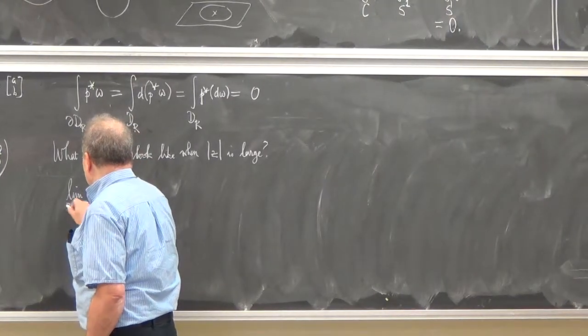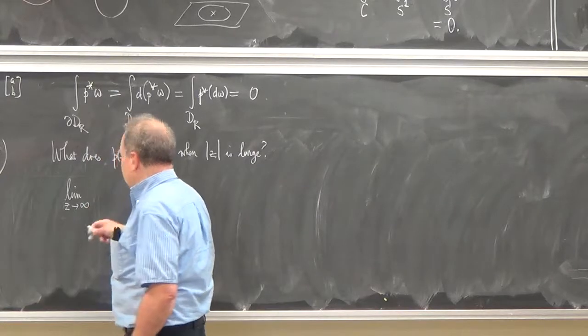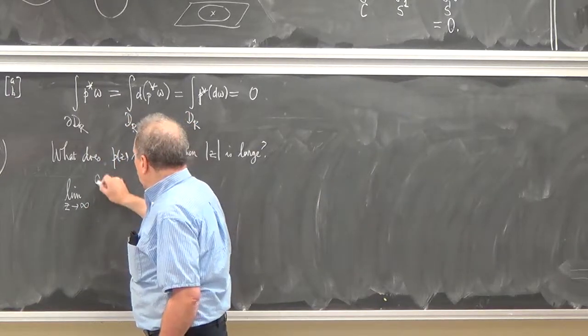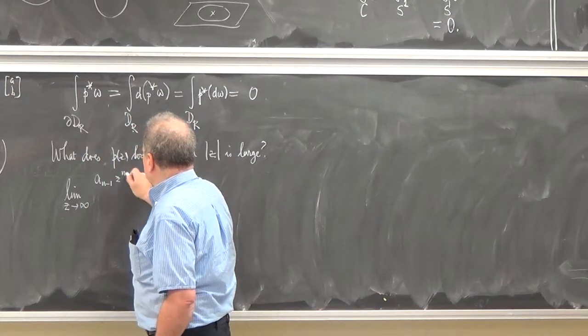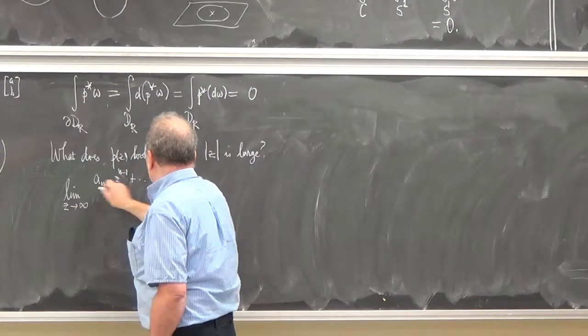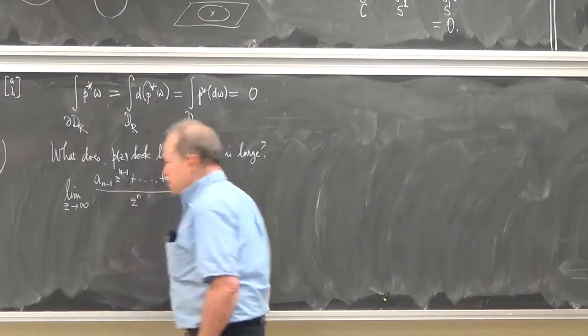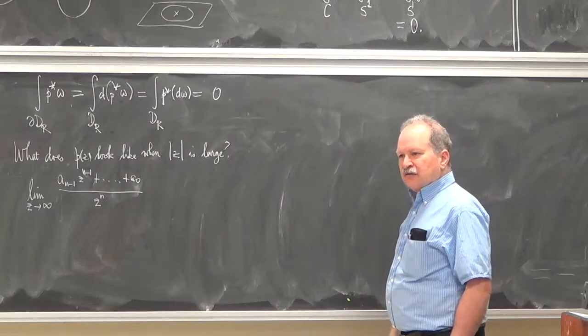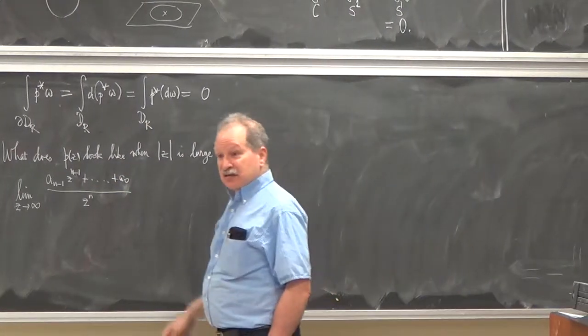But here's what I'm going to say. As Z goes to infinity, if I take the stuff below the leading term, and I look at its ratio to Z to the n, that limit is 0.